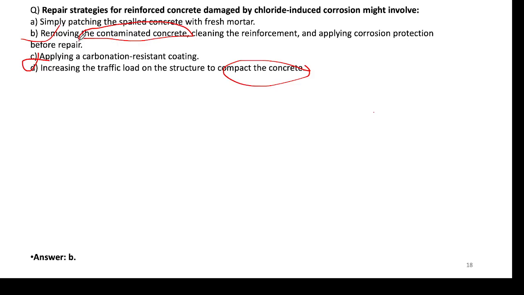Then at a later stage the chlorides will reach the steel and that can even increase the corrosion rate. Also, if some contaminated concrete is left just behind the bar, that contaminated concrete can also start corroding. Hence we have to undercut the concrete also, and place new concrete which does not have the problem of chlorides in it.